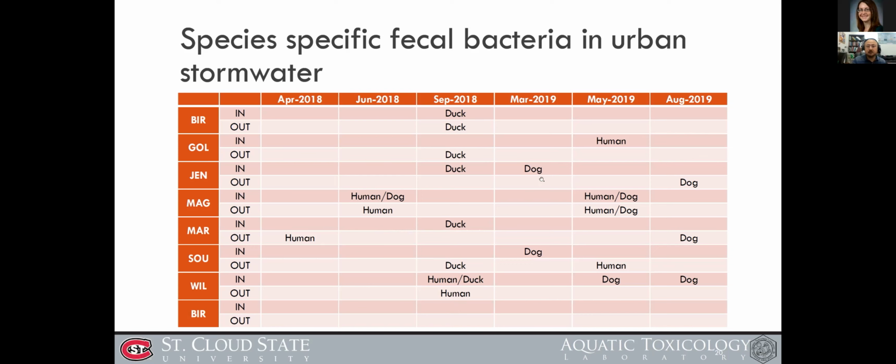You can see that at some sites we detected dog, which might indicate pet activity. Duck we identified only in September, which might be related to the seasonal migration, but we don't know. But environmental DNA might help and will be key to identifying the source of the contamination.